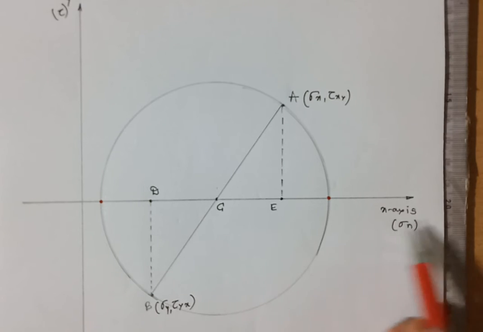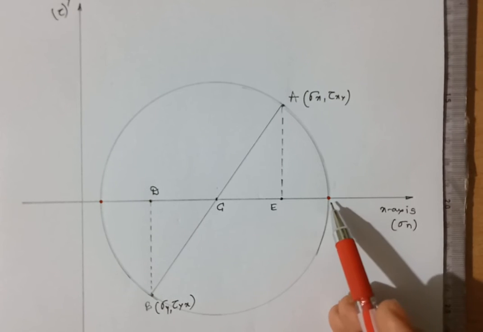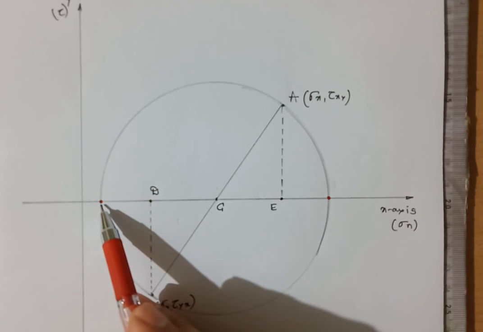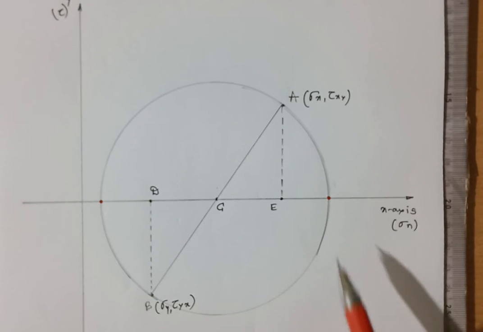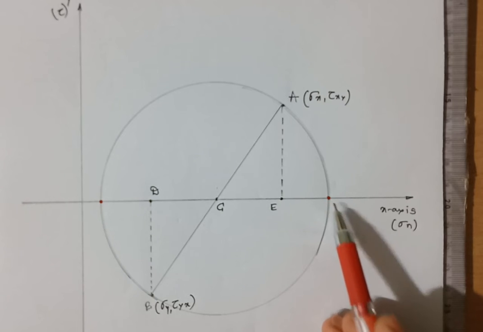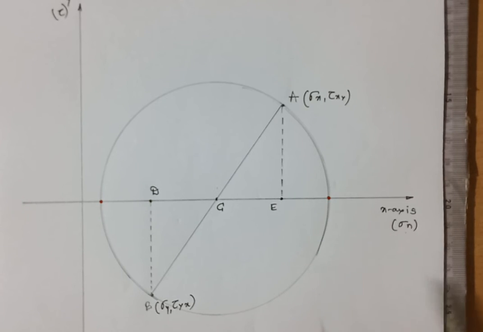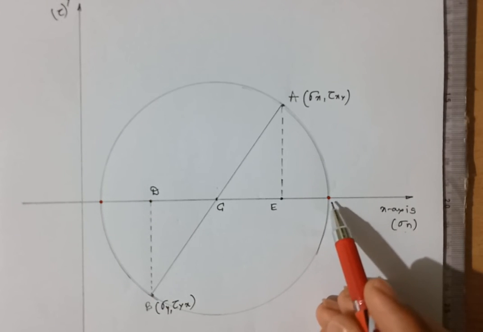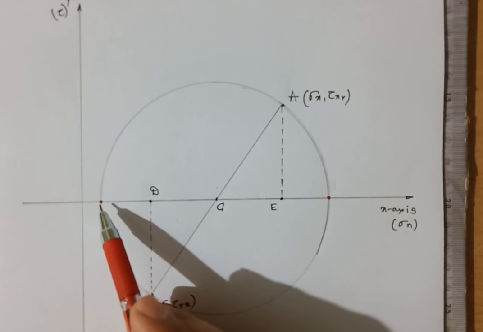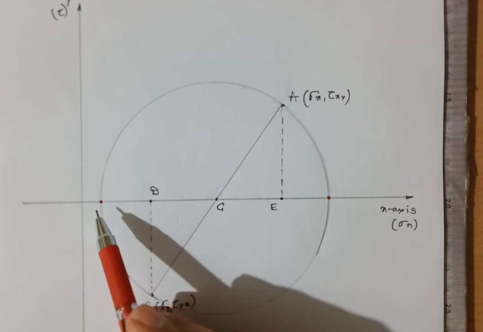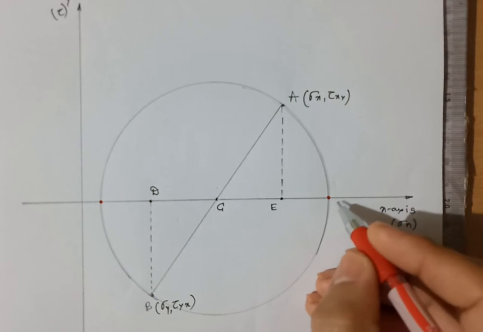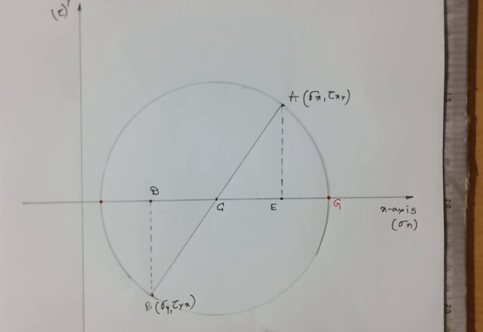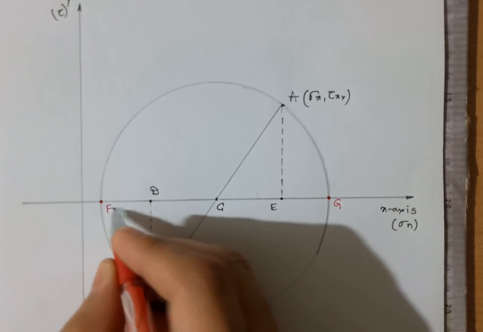I am going along the x-axis, so this point has an x coordinate, or sigma n, which is greater when compared to this. So this point indicates the major principal plane and this point indicates the minor principal plane, right? I'll take this as point G, and this as point F.